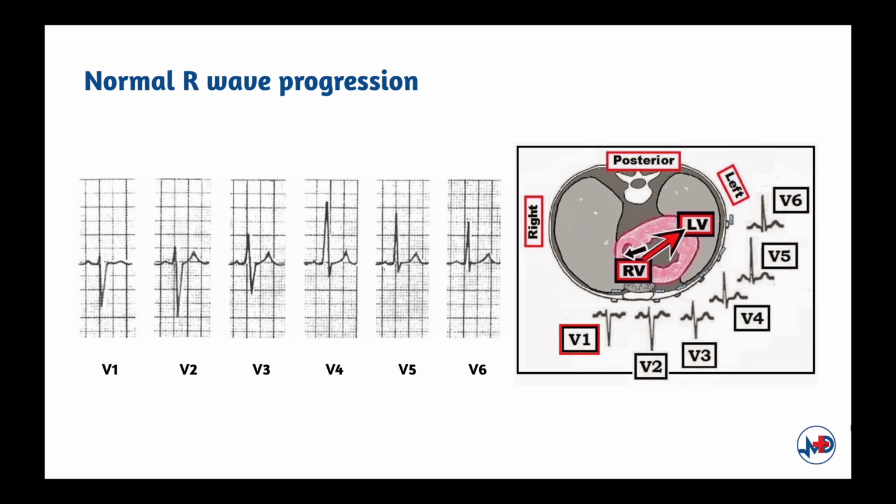Next would be R wave progression. So R wave progression is typically seen to reflect the contractility of the heart and whether there's any presence of ischemia. So this is how a normal R wave progresses throughout the V1 to V6 leads.